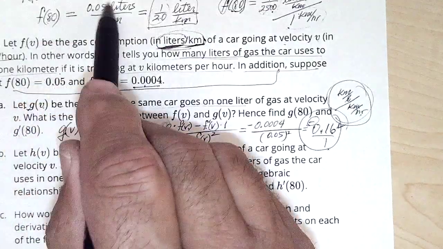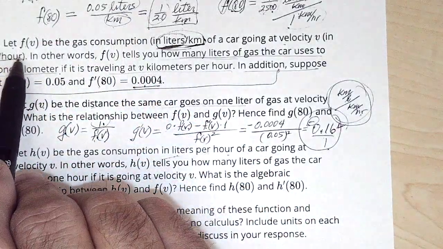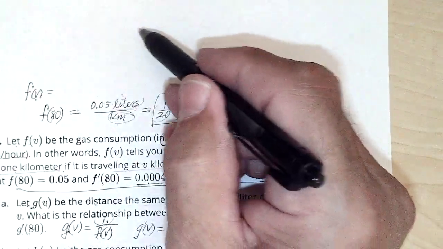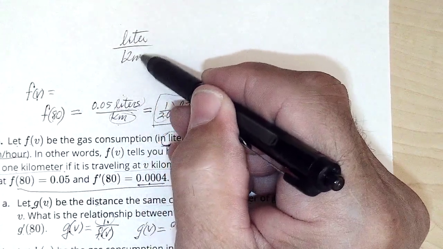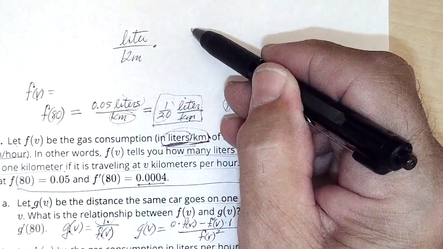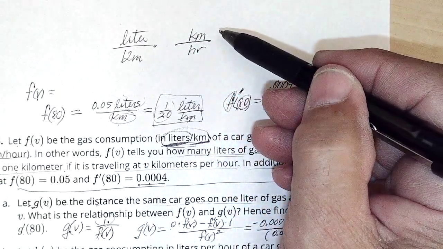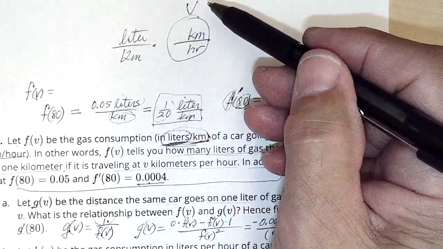Well, F gives us the liters per kilometer. And if we want to get hours out of liters per kilometer, we need to multiply by something that has units of kilometer per hour, which is units for the velocity.